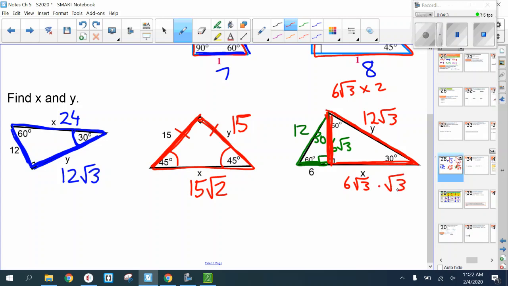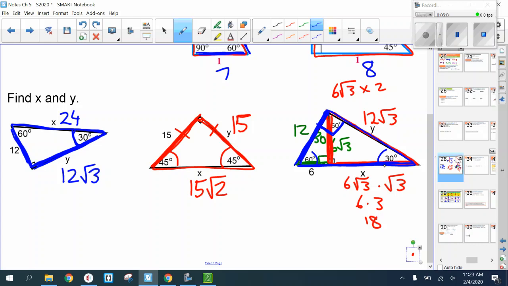Now that's not the only way of doing it. If you go back before we had the red and you just look at the green, that side 12 is actually the short side of this largest triangle. This largest triangle has a 90-degree angle right there, and a 60 and a 30. So that blue one is also a 30, 60, 90. So if you think about it, you've got the short leg.